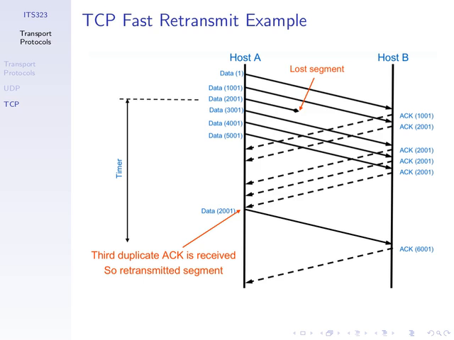Any questions on how TCP error control works? That's our last part of TCP. You'll see some previous exam questions that cover what's the difference between basic and fast retransmission. What's the advantage of fast retransmit?